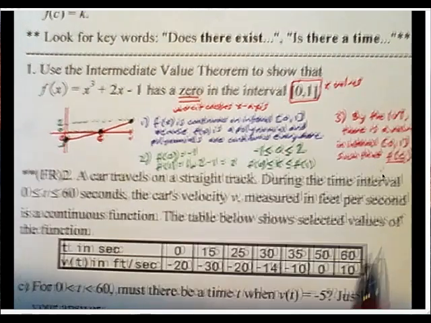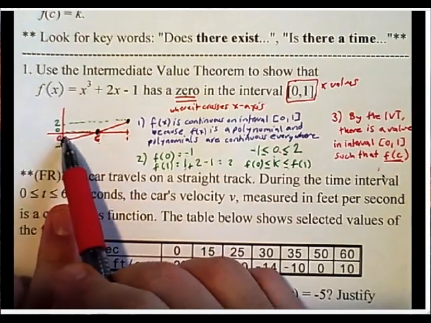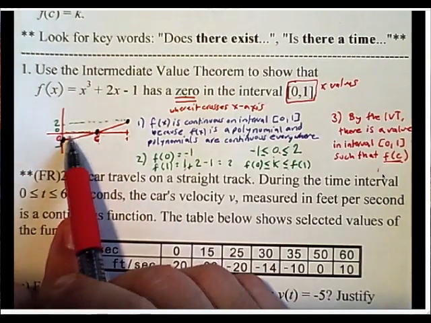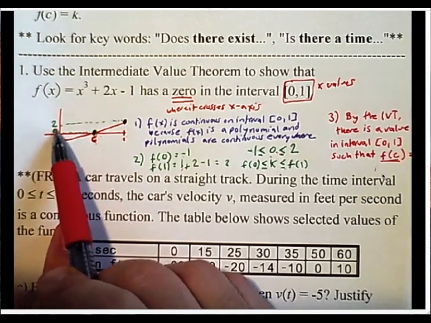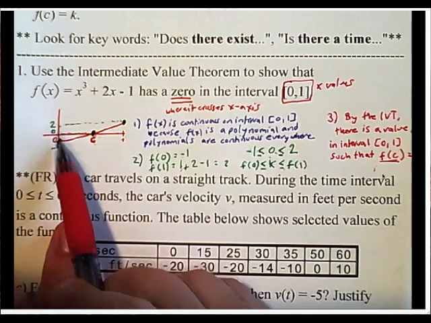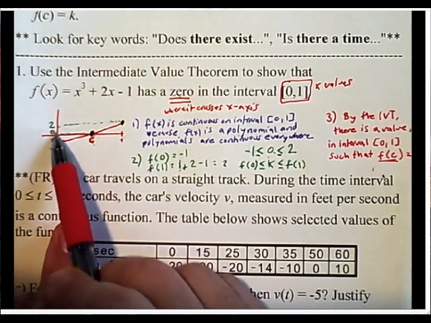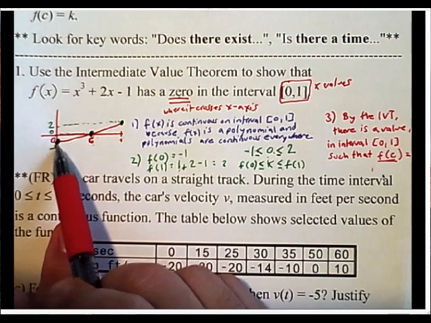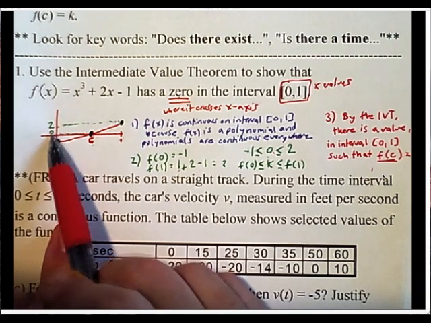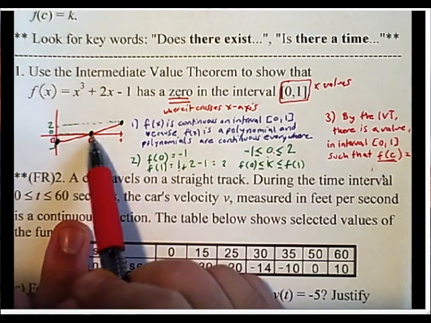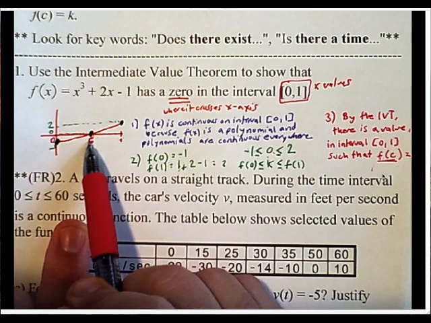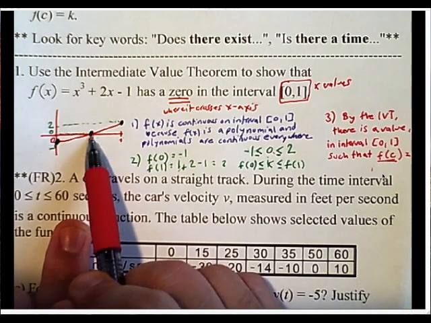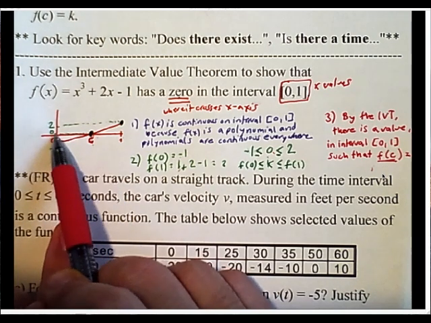So, quick review. All right. The intermediate value theorem is going to work because this function is continuous and the y value I care about, 0 in green here, is between these two. And as long as the value we care about is between those two values, there's got to be an x value in the interval 0 to 1 so that when you plug in this x value that you're calling C, you're going to return the y value that you care about.